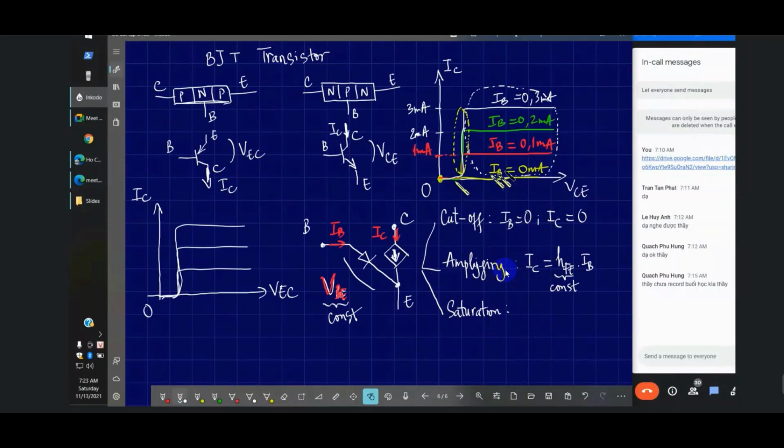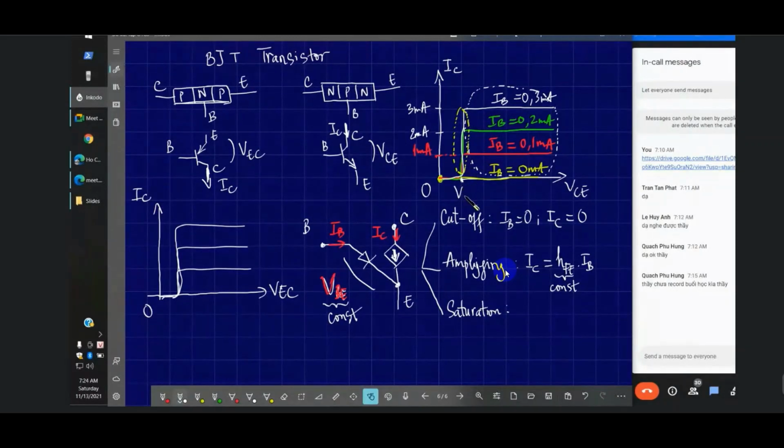Just a review. In saturation mode, we can see that VCE keeps constant. No matter what the operation point is, when we point to the horizontal axis, the VCE axis, we will see the same result, and that same result is constant.